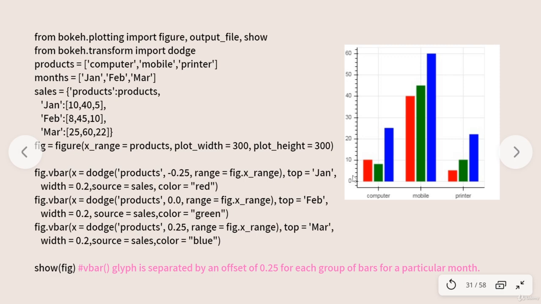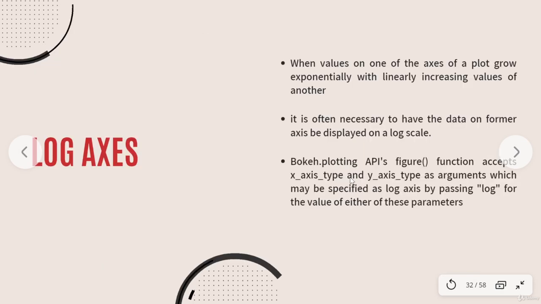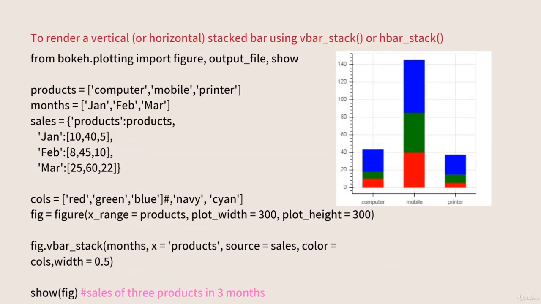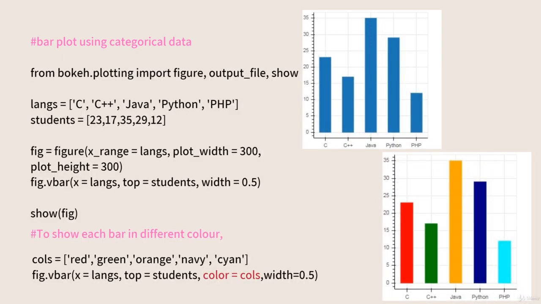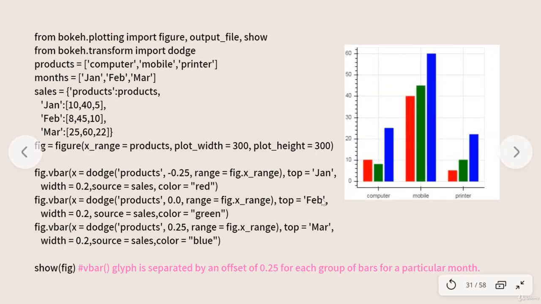Since I don't want it to stack like this, or show like this, I have done it like this. So dodge, products, again this is my underlying base, and 0.25 is basically the gap between each group of bars. You can see that between every bar there's a gap, so this is the gap which I have mentioned, how much gap I want.